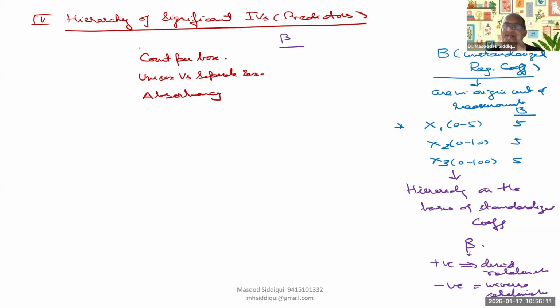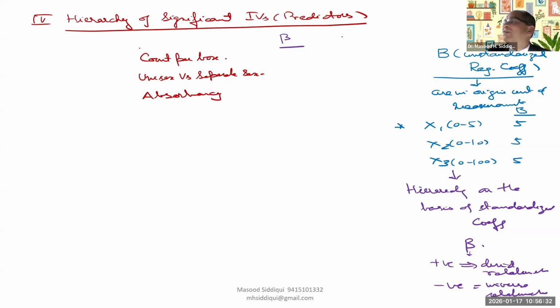Inverse relationship means the change is in the opposite direction. If x increases, y decreases, or if x decreases, y increases. So whenever we consider the hierarchy, the beta should be considered, and we will be discussing the absolute value only. Sign only gives us the direction.